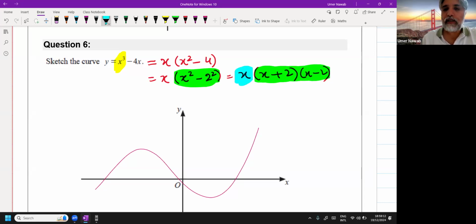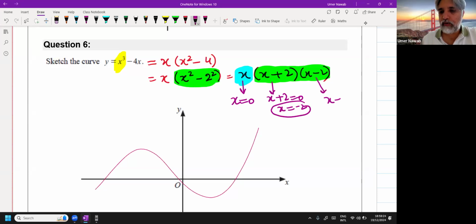Now, students, you can see that the x-intercept is x is equal to 0. When I put this thing equal to 0, it gives me x is equal to -2. When I put x minus 2 equal to 0, it gives me x is equal to 2.